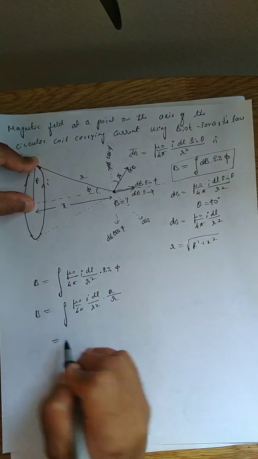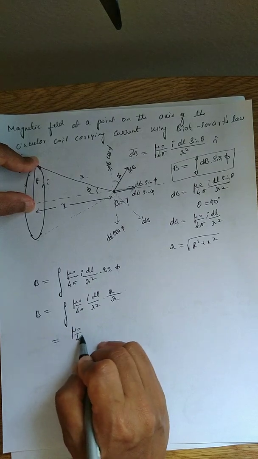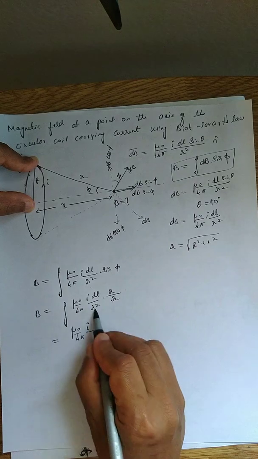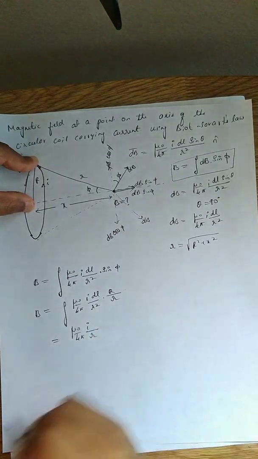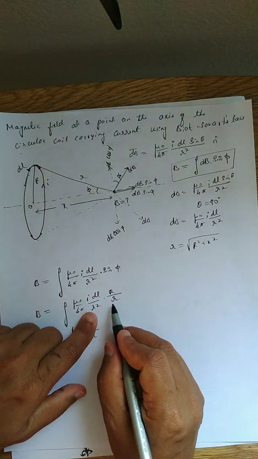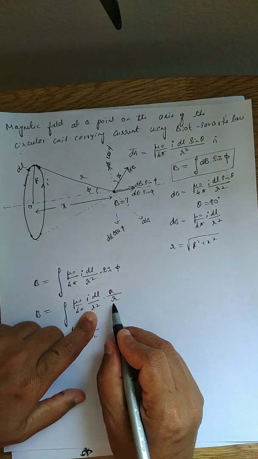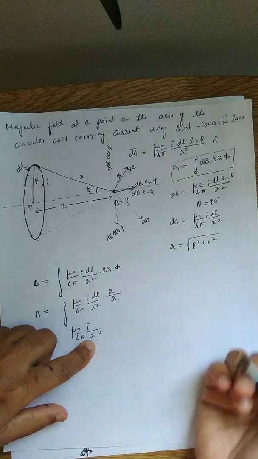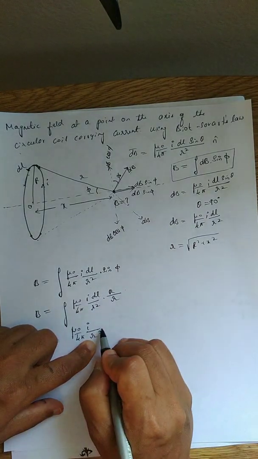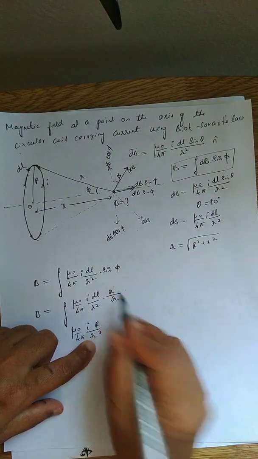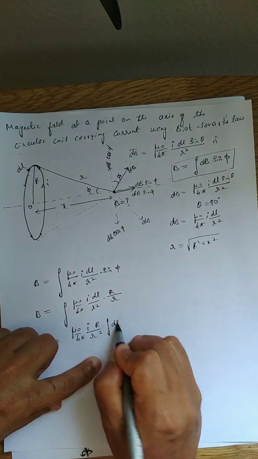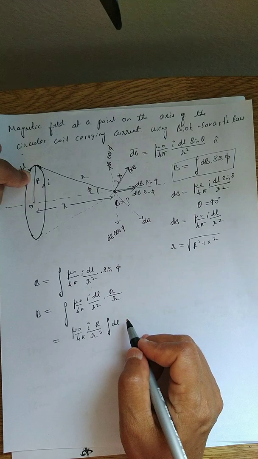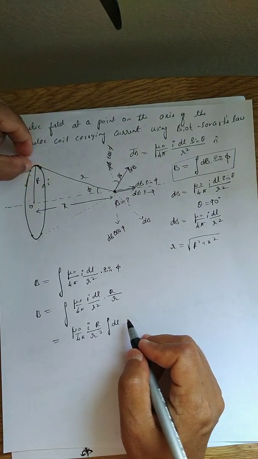Okay, so let's integrate. Mu naught by 4 pi is constant, current is constant, right? So r squared by small r, let's write this as r cube. And r is also constant, so I'm left with dl. If you integrate all the current elements, what do you get?